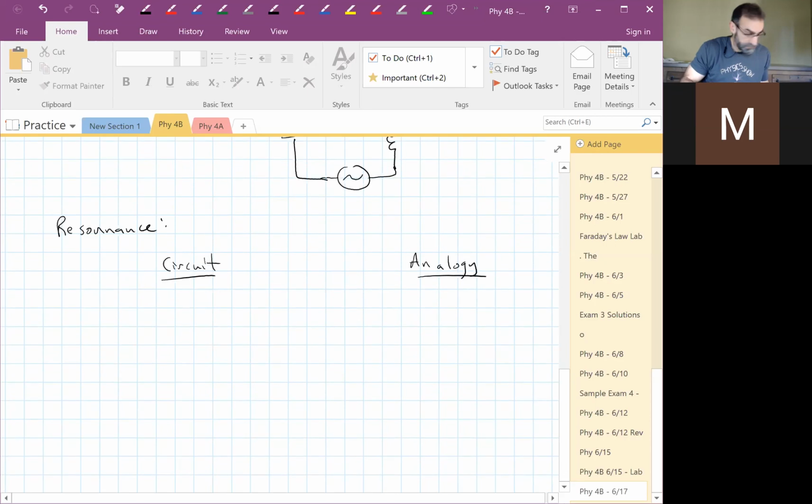All right, so let's start off with what we were just talking about, our LC circuit. An analogy would be something like this, right?